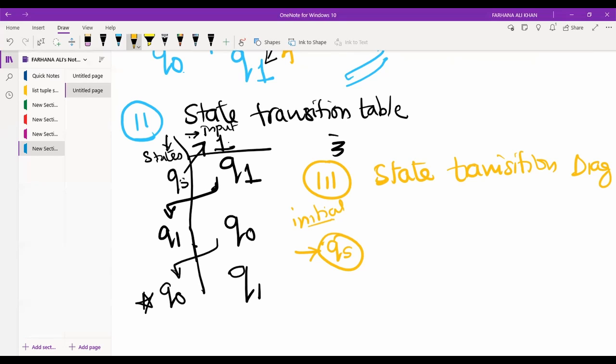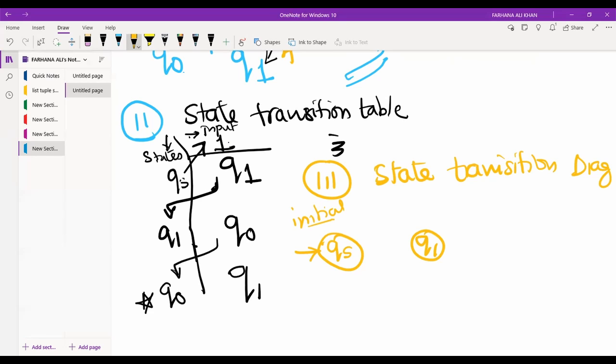Now from QS on 1 it is going to Q1. So I will draw one arrow connecting, and here I will draw one circle. Within the circle I'm going to write the resultant state, which is reachable from QS with the input 1. This resultant state is Q1, and QS and Q1 are connected with the help of 1.